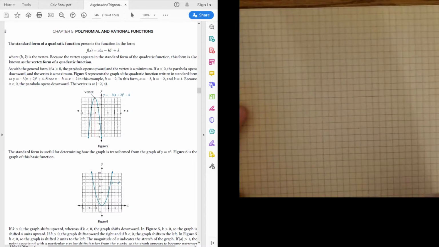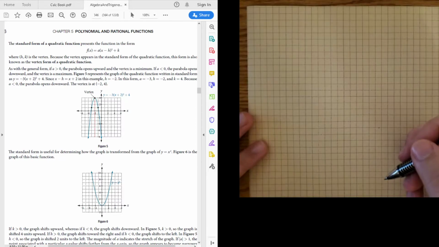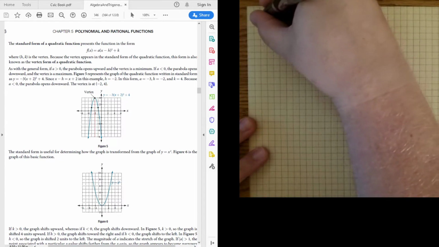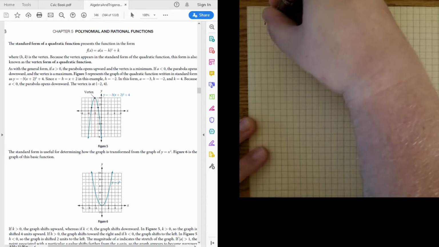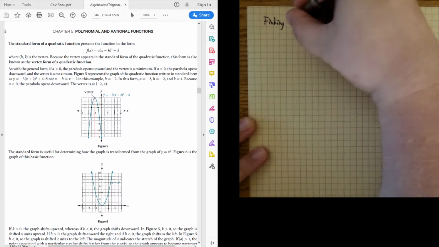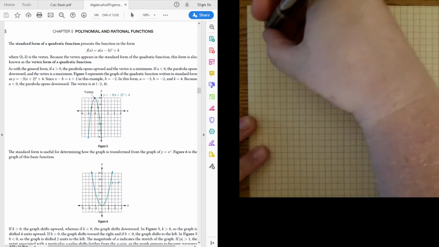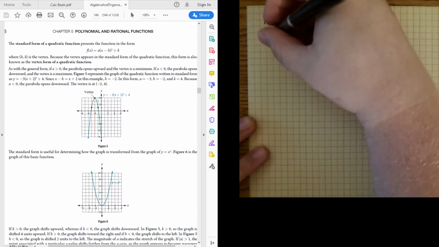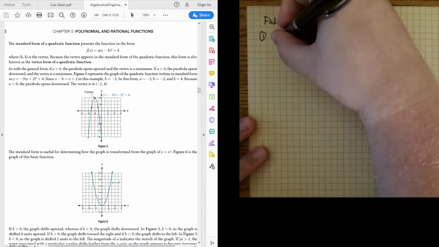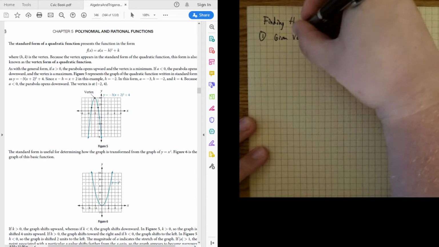Now, most problems tonight have you doing this in 2 steps. So finding the equation. There's 2 different versions of this. The first version is going to be given the vertex and a point.